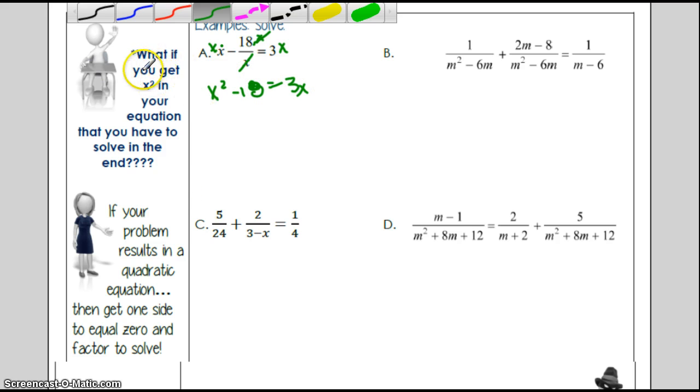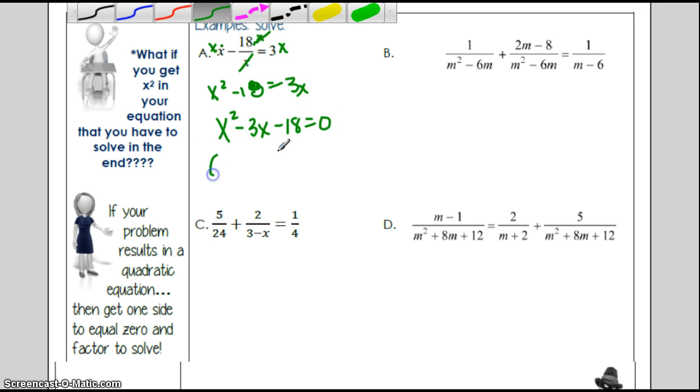So what if you get an x squared in your equation? How do we solve that? Well, we are going to have a quadratic equation then. So we get one side equal to 0, and then we factor and we solve. For this one, we are going to subtract that 3x, and we get it equal to 0.